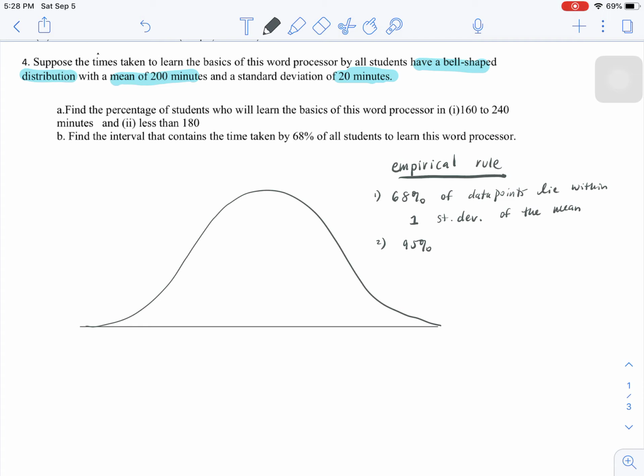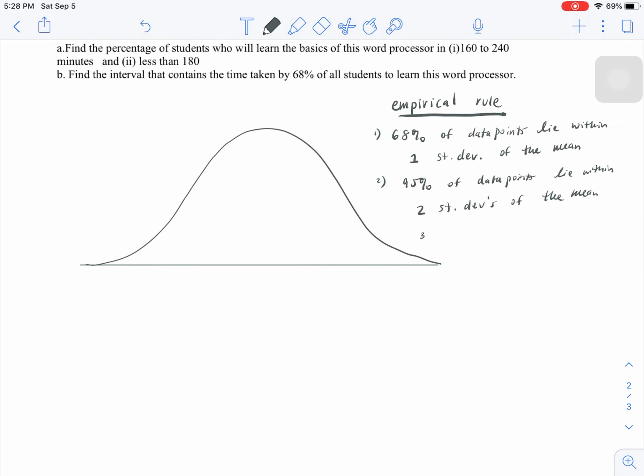95% of data points lie within two standard deviations of the mean.